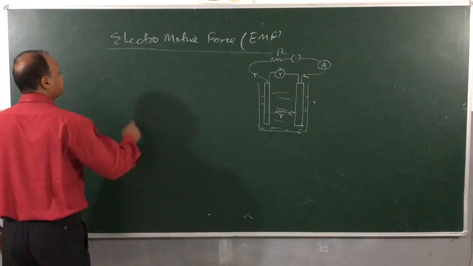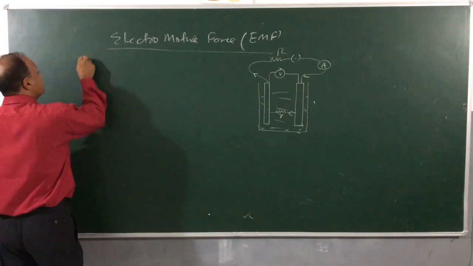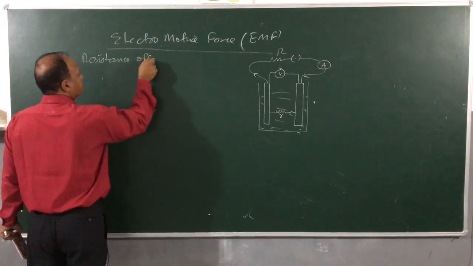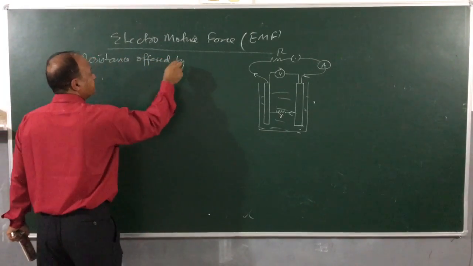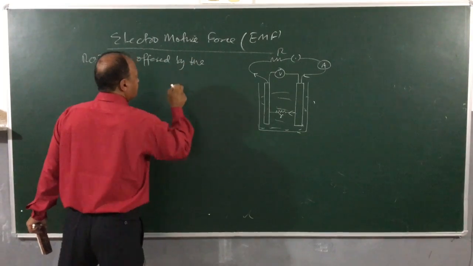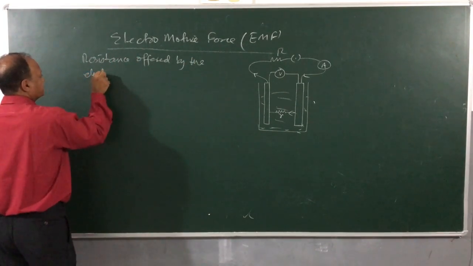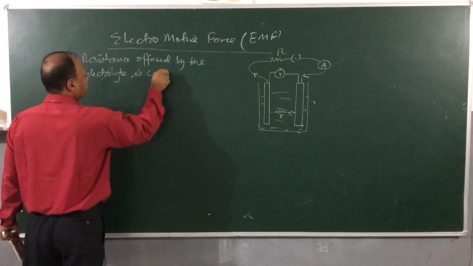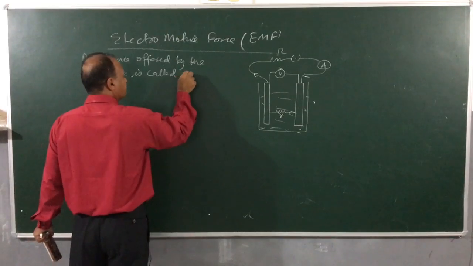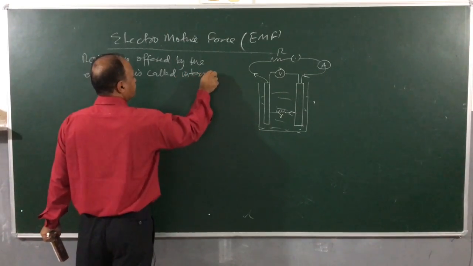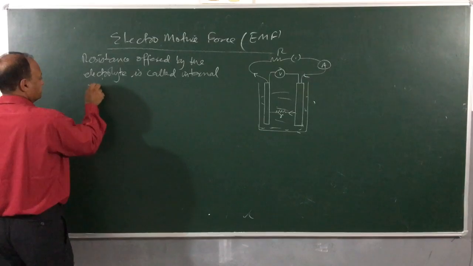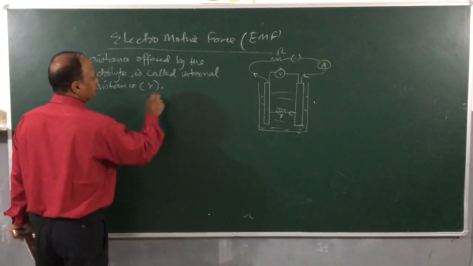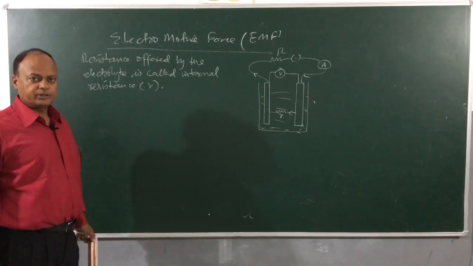So, we will say like this: resistance offered by the electrolyte is called internal resistance, and internal resistance is denoted by what? Small r. Okay.